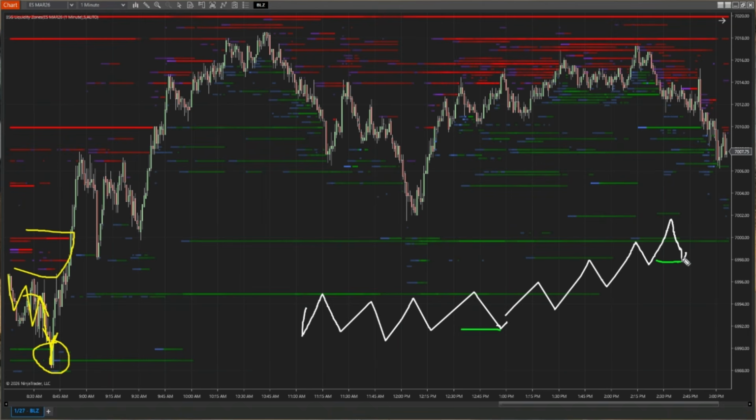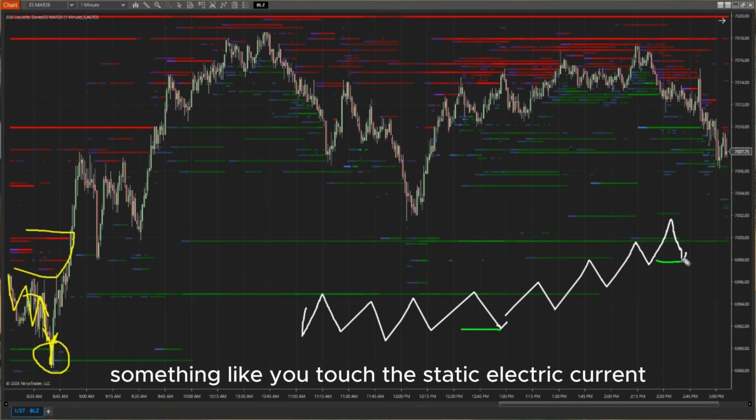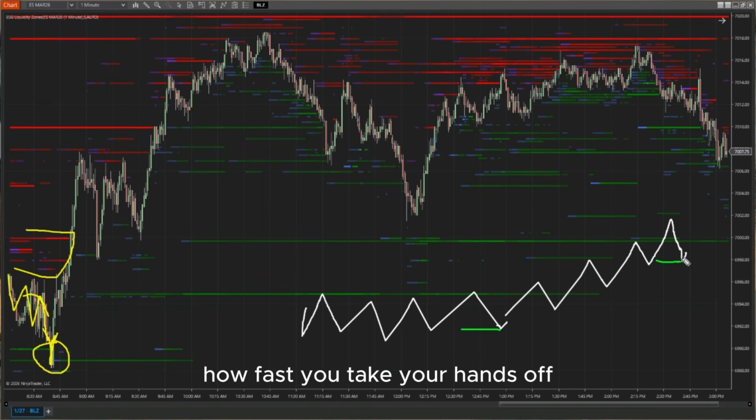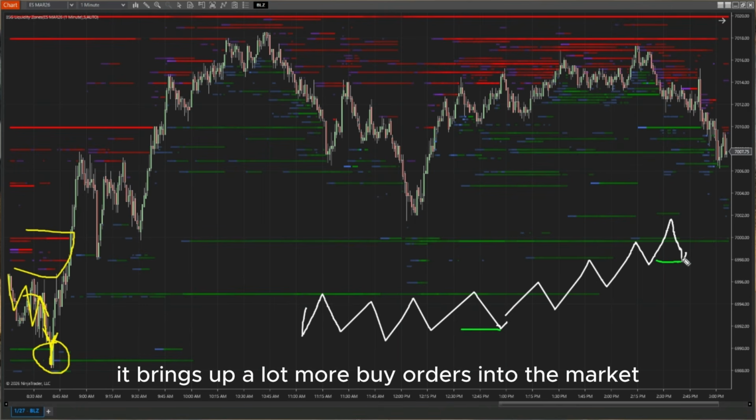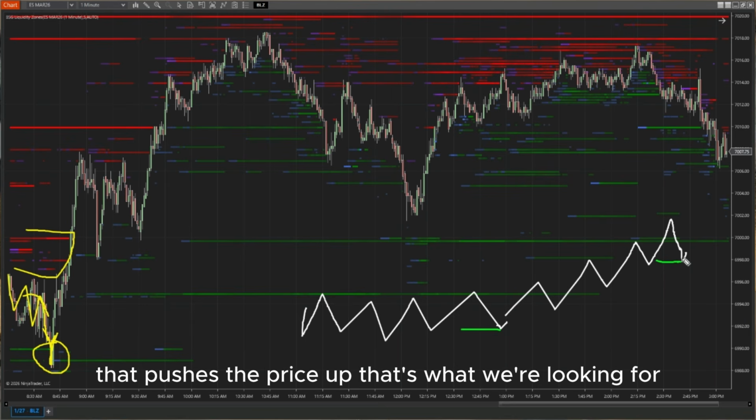Immediate rejection, like when you touch static electric current, how fast you take your hand off, you feel some kind of reaction. Price, once it touches, pulls back immediately. Why? Once the price touches, it triggers the limit orders, and then it brings a lot more buy orders into the market that push the price up. That's what we're looking for.